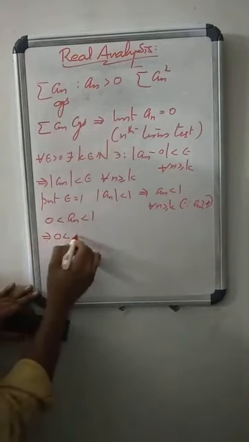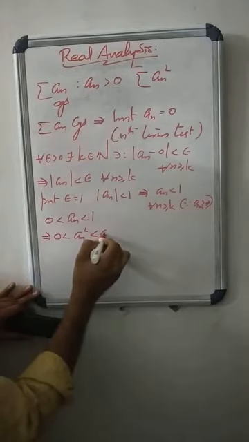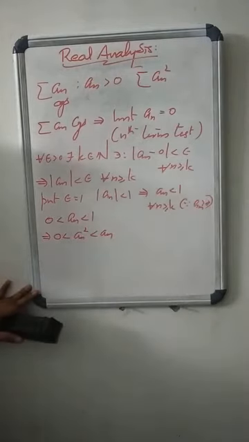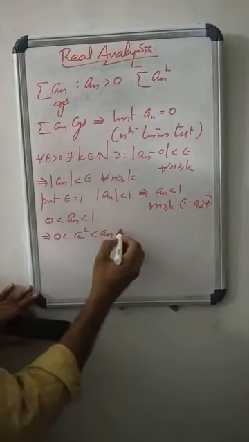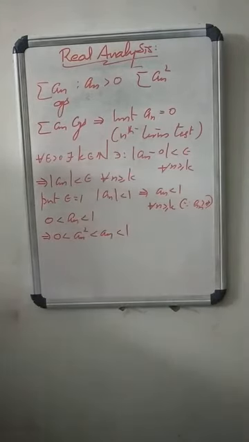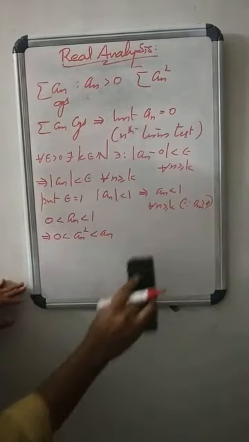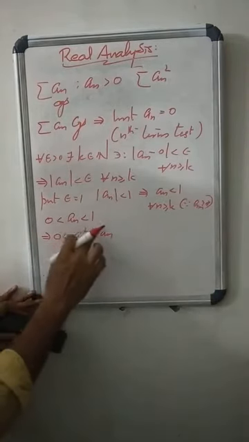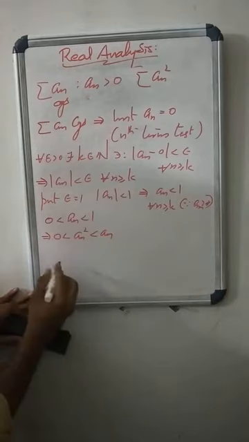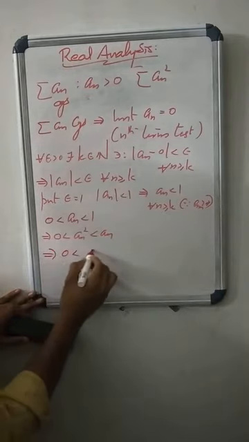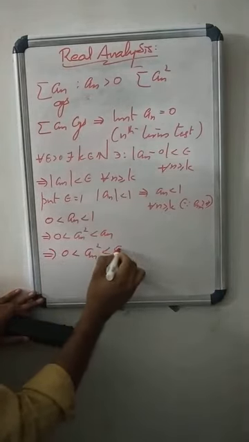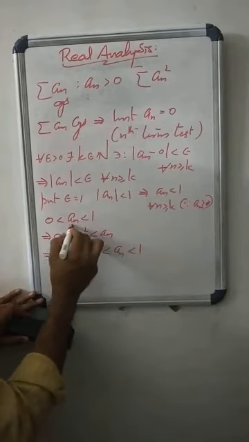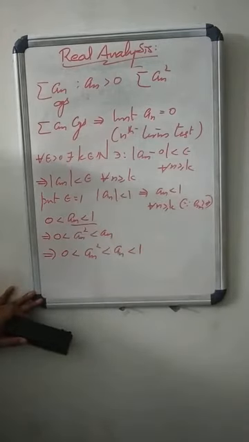Multiplying throughout by a_n, 0 less than a_n squared less than a_n. So 0 less than a_n squared less than a_n less than 1. Why? Because a_n is less than 1.